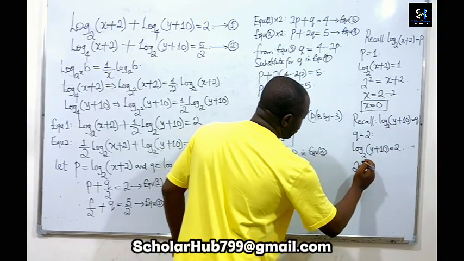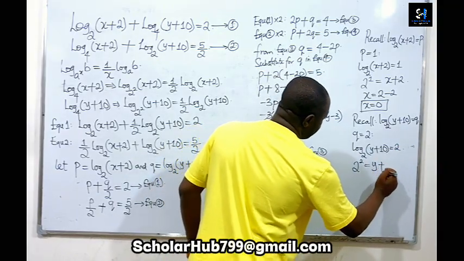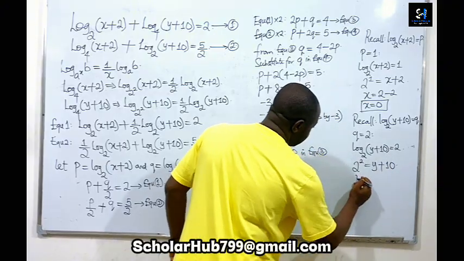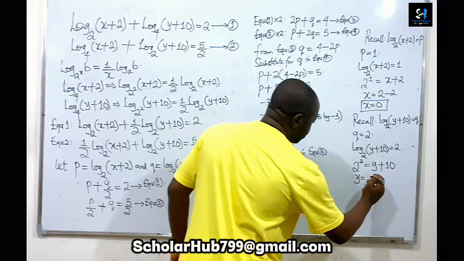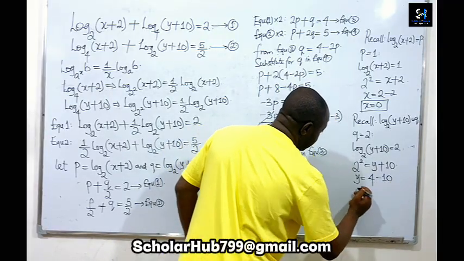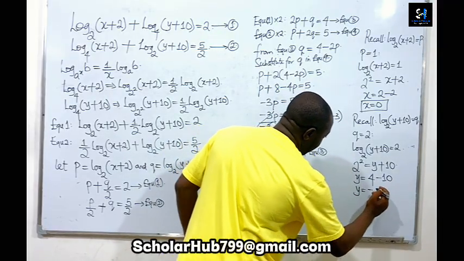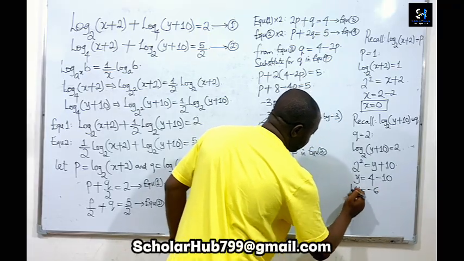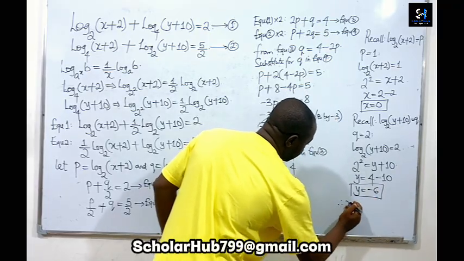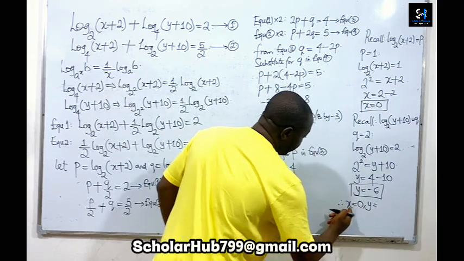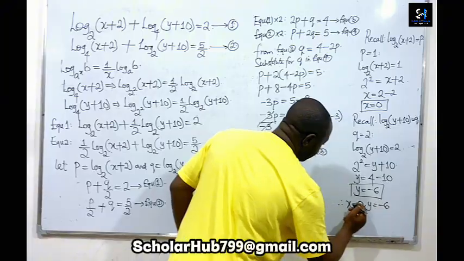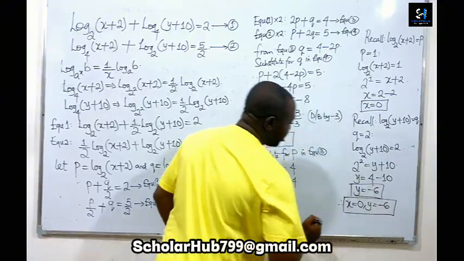So that 2 raised to the power of 2 will be equal to y + 10. Then y will be equal to 4 minus 10, and the value of y will be negative 6. So it means that the value of x is 0, and the value of y is minus 6.